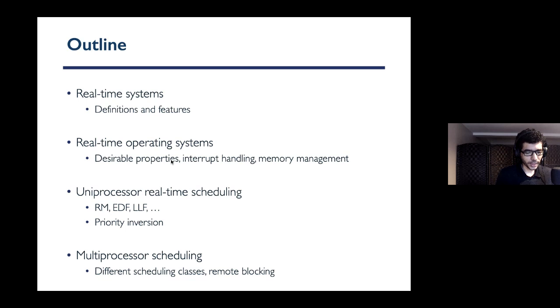And that comparison actually is very informative. So once that is done, we get to the main topic of this lecture, which is real-time scheduling. So we'll start with a uniprocessor real-time scheduling, and then we talk about multiprocessor scheduling in a real-time system.